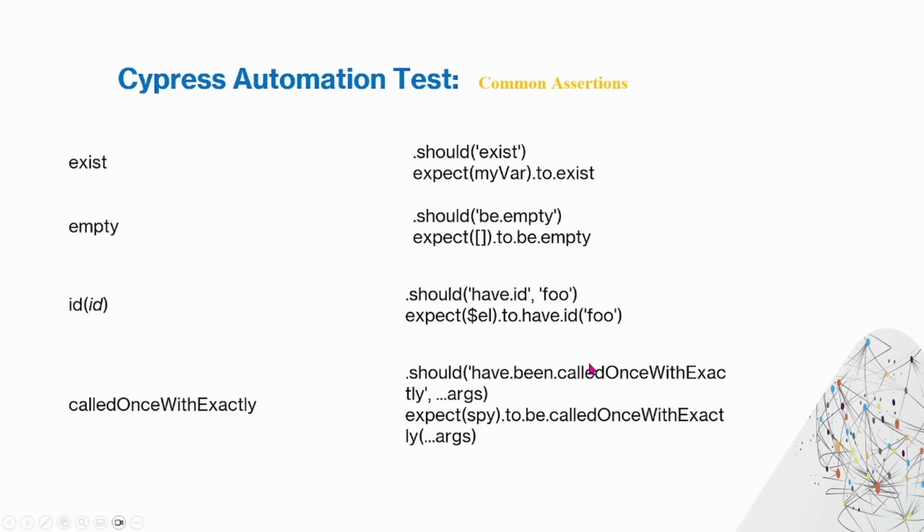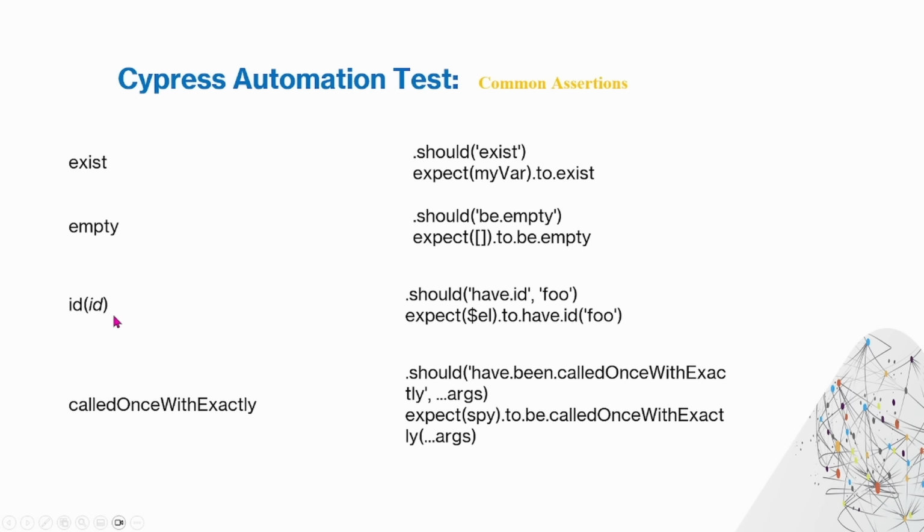On this page, I have several different common assertion methods that you can use. Right here we have exist. To check if something exists, we can do .should exist, or we can do expect my variable to exist. For empty, if you want to check if something's empty, then you can do .should be empty, or you can do expect the emptiness to be empty.